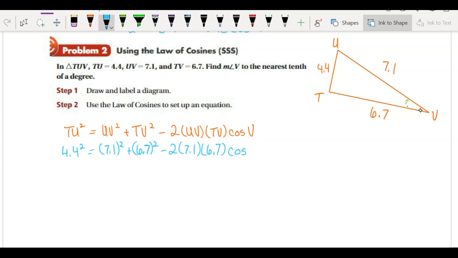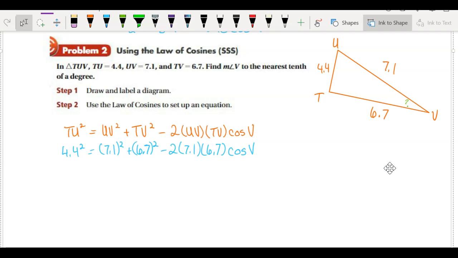And we don't have a value for the cosine of V. This is what we're looking for. So we're hoping to find the cosine of V. So now I'm going to say, okay, what's 4.4 squared?